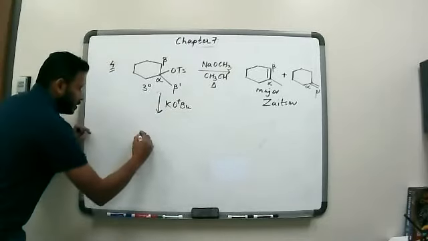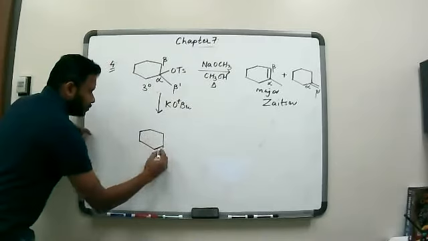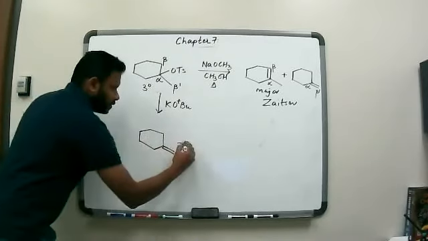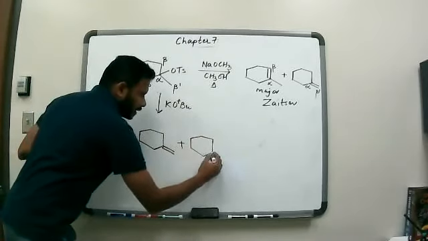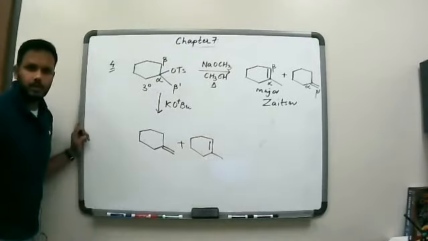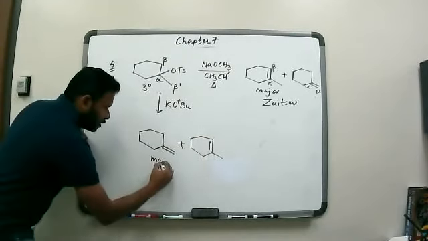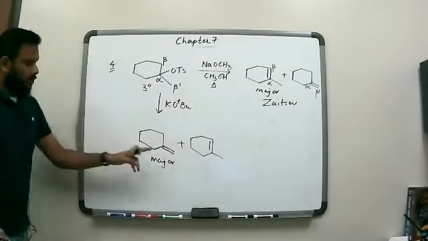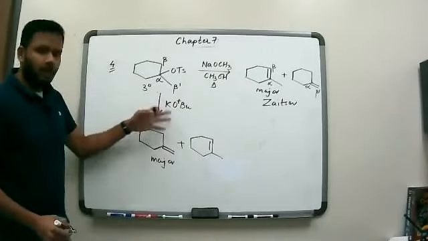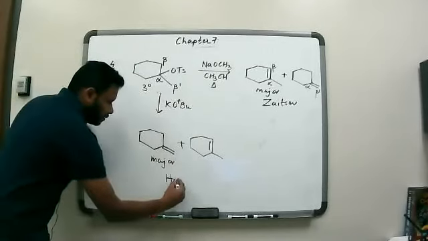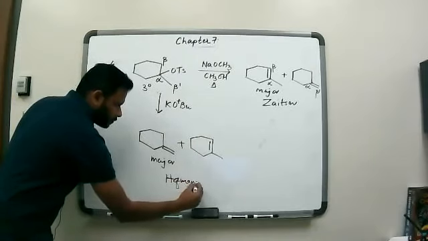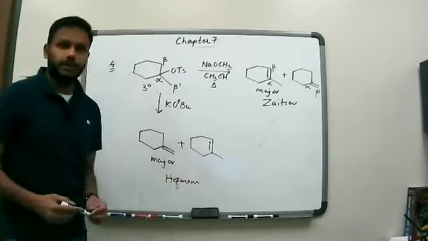So that means we're still going to get both of those products, the di-substituted alkene plus the tri-substituted alkene, but now our major product is going to be the di-substituted alkene because Hofmann elimination favors the less substituted alkene.